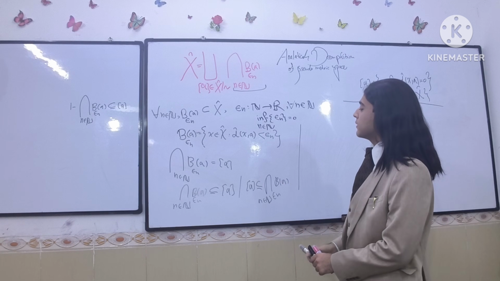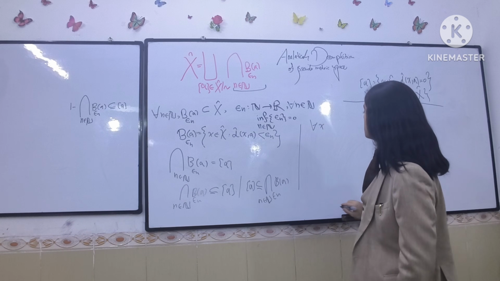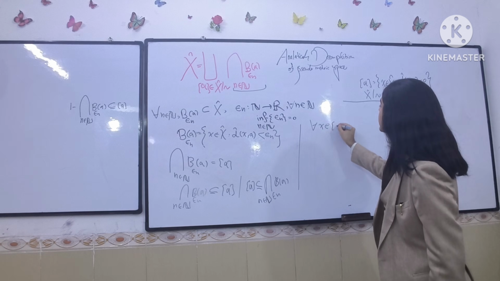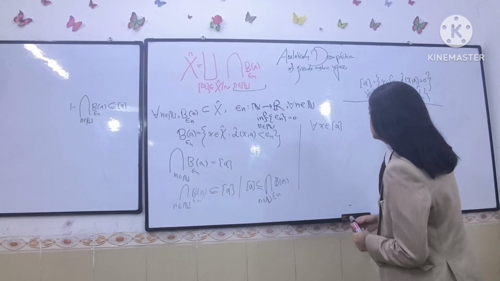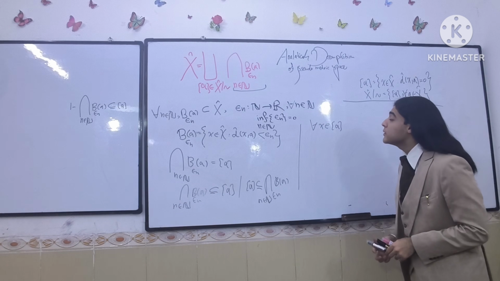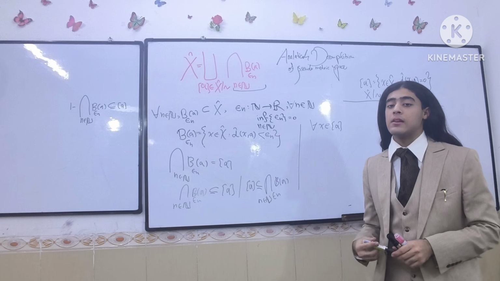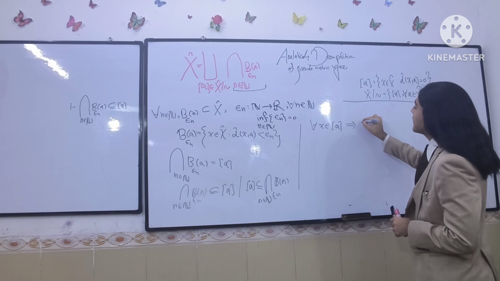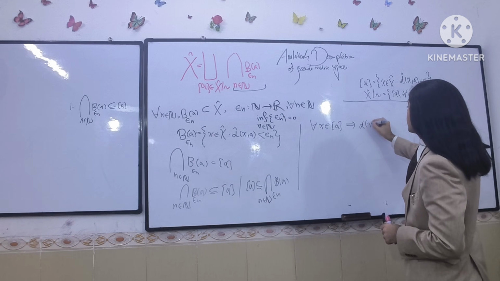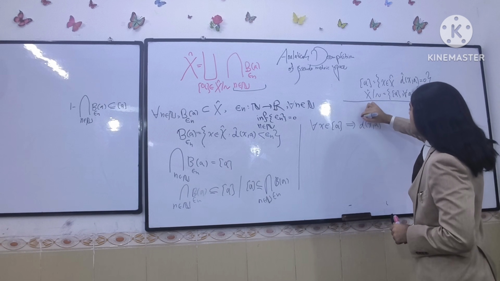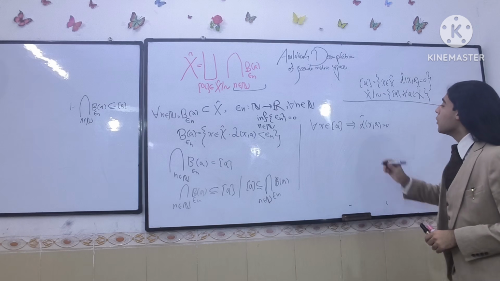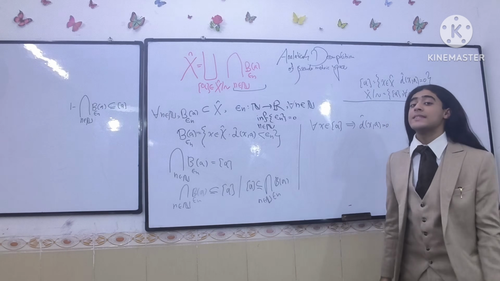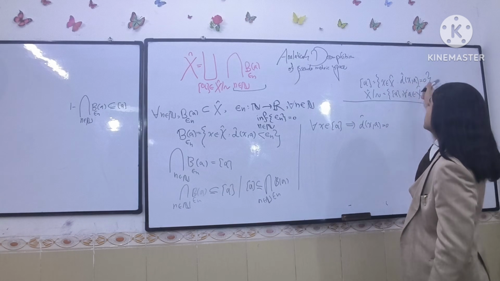To prove this, let x be an element of equivalence class A. That leads us to conclude that d of x and A is equal to 0 for all x in equivalence class A by the definition above.